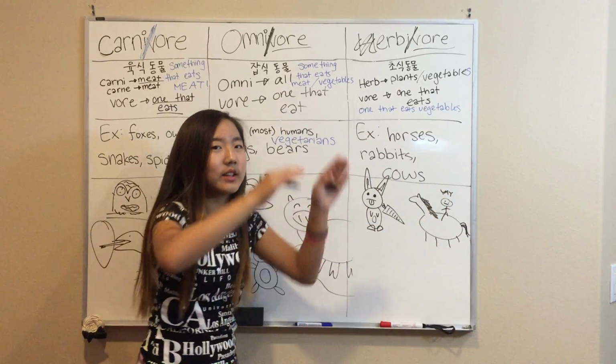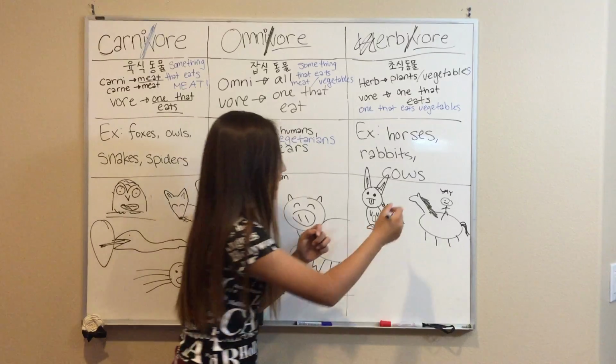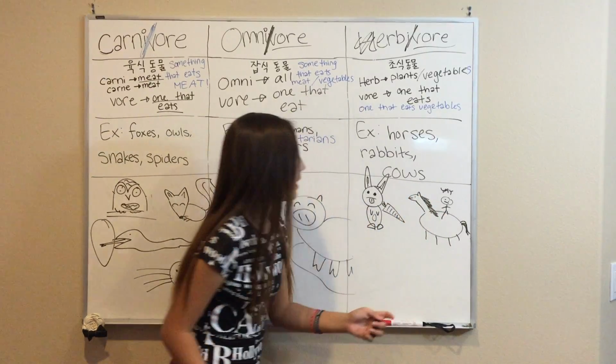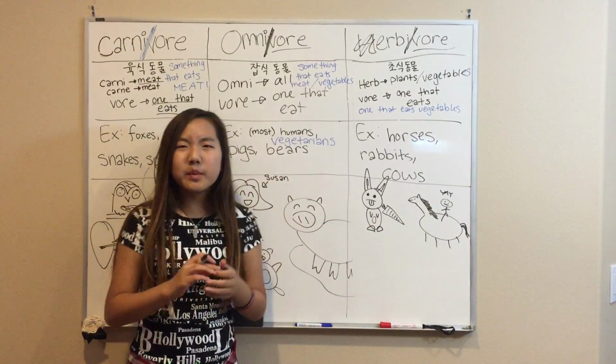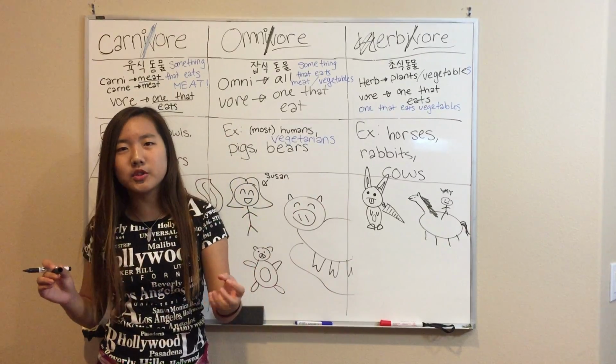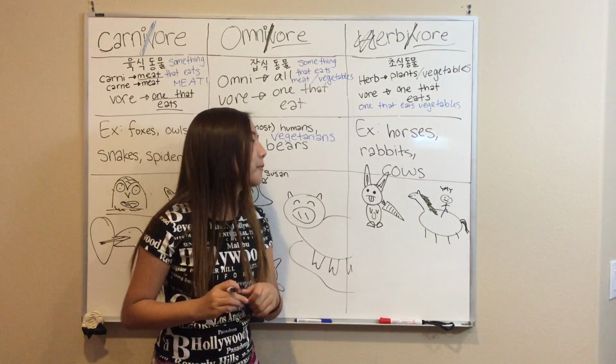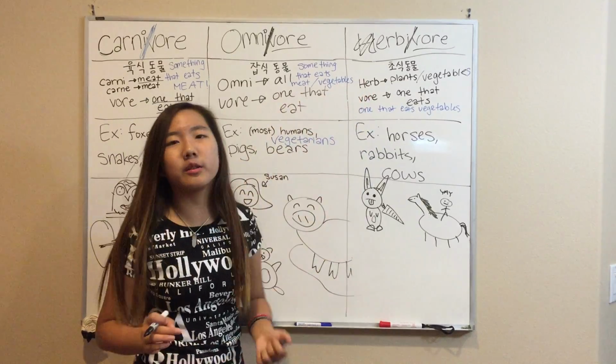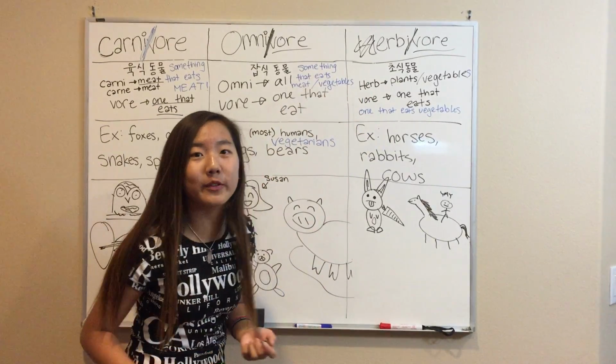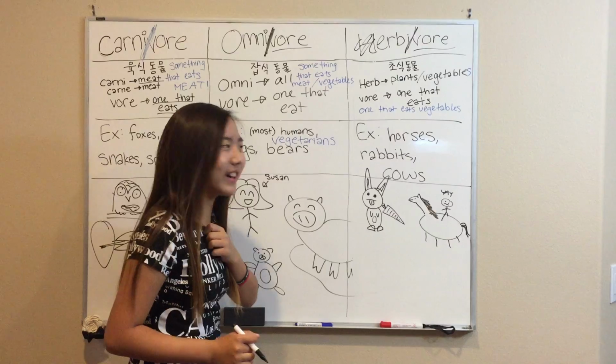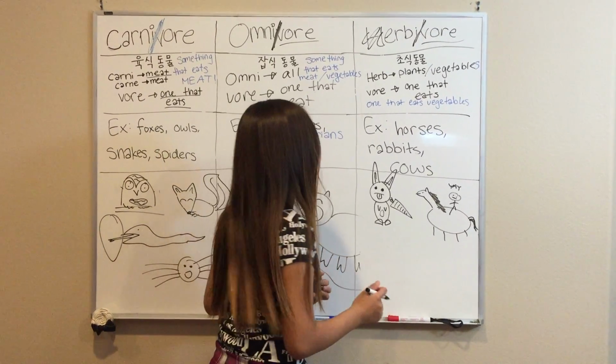And then the horse that goes and gallops around. People usually give horses apples and they eat plants and stuff. So, yeah, they're mainly herbivores. Herbivores. I can't believe I said that. Oh no, people are gonna judge me.